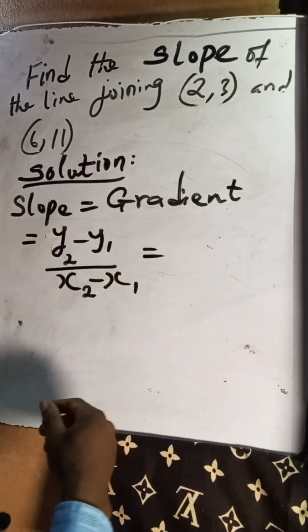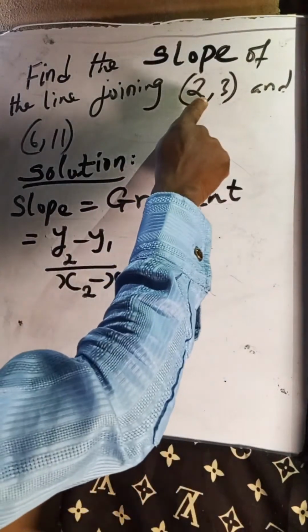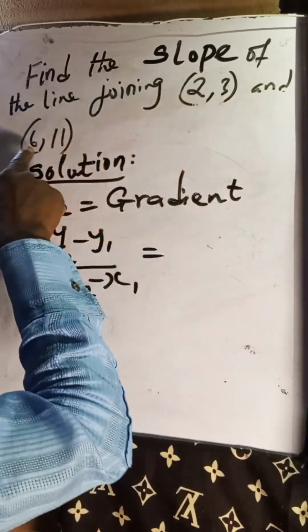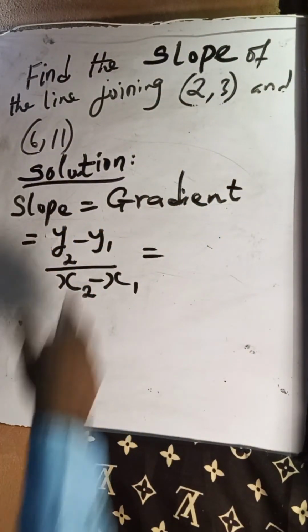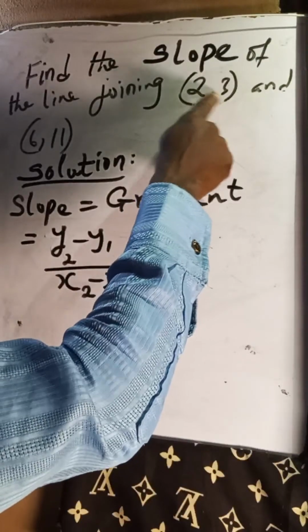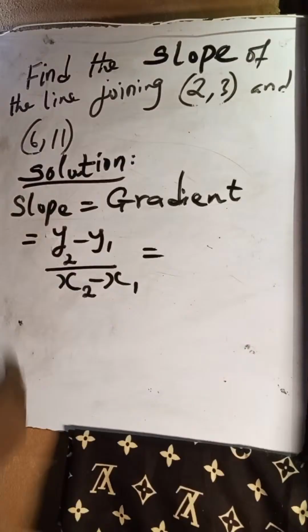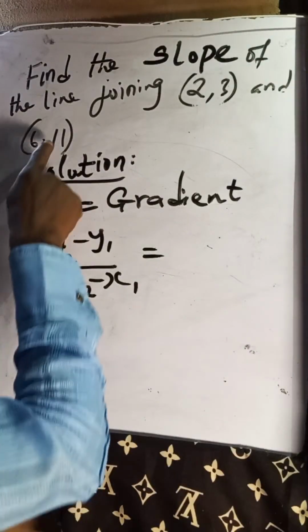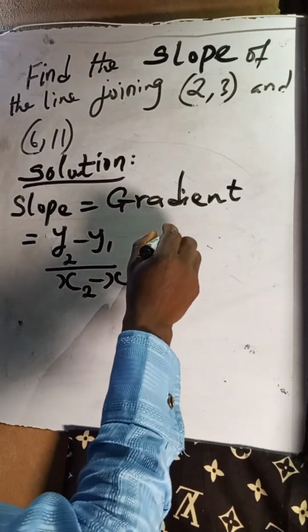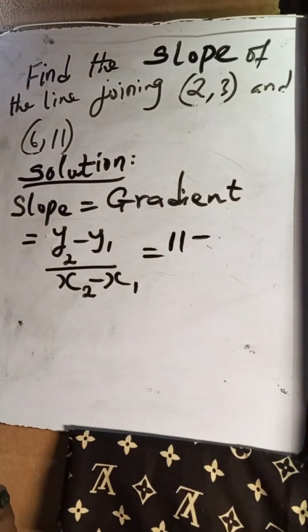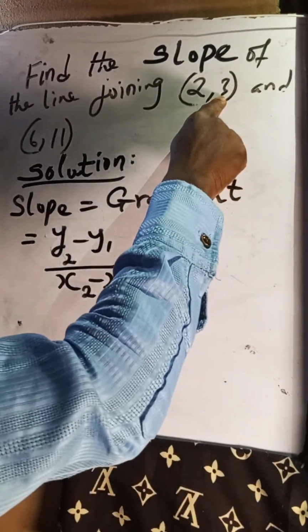So let's substitute. Remember our y1 and x1 are 3 and 2. x1, y1, then x2, y2. So our y2 is 11. That's 11 minus our y1, which is 3.